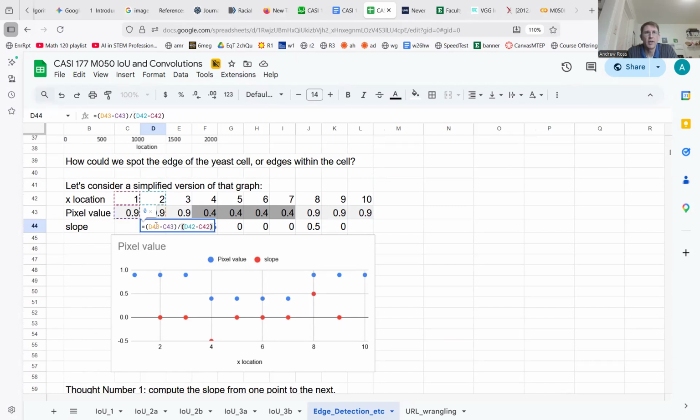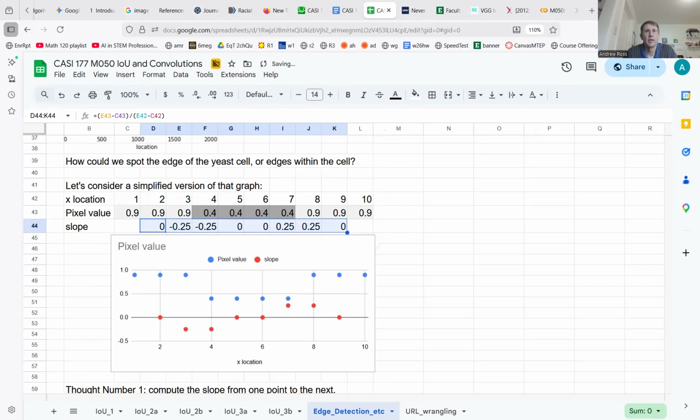One way we could do that is, instead of using this pixel and the previous one and reporting that slope for this pixel, we could instead use y2 minus y0 divided by x2 minus x0. So going one pixel to the left and one pixel to the right from this cell, that's more symmetrical.